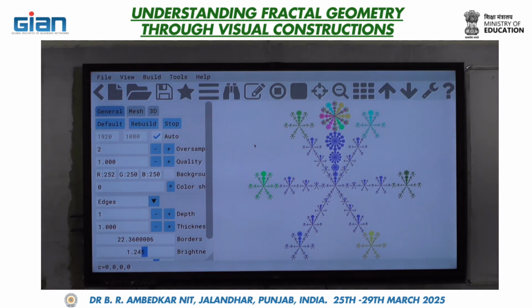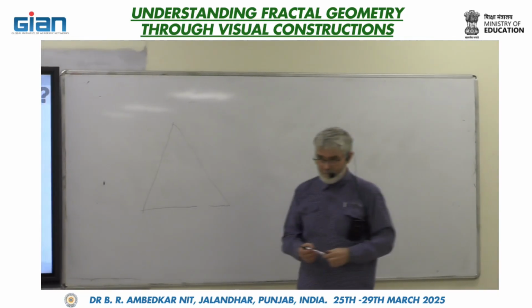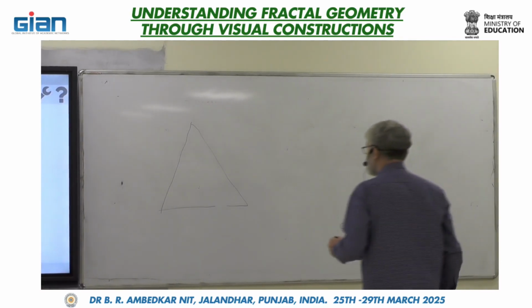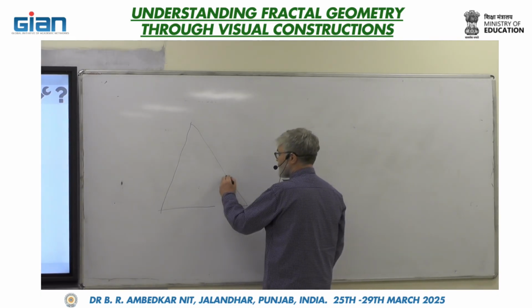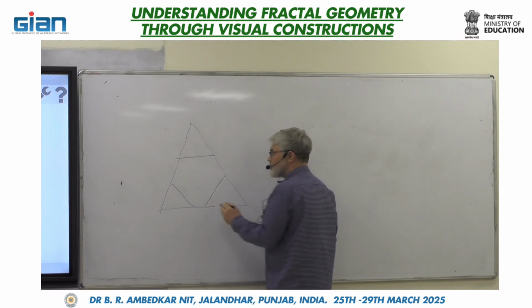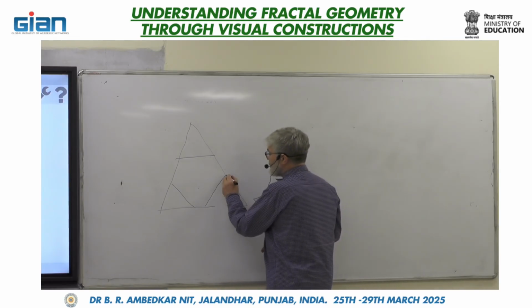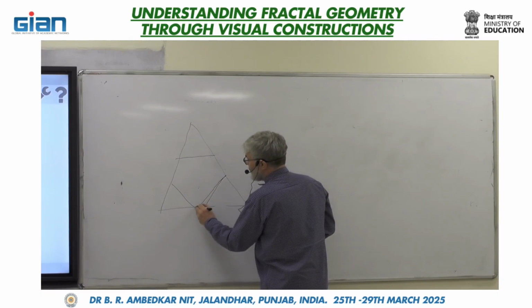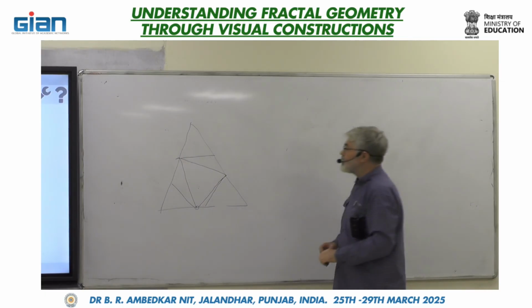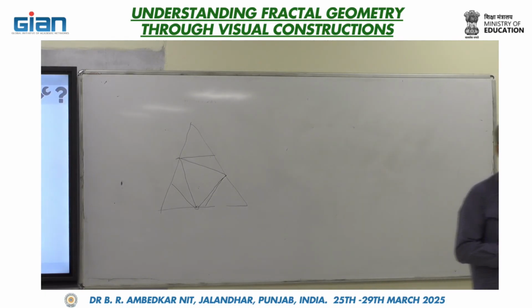So suppose you have a triangle, yes? If you have a triangle, you can draw some number of triangles inside it, yes, in such a way that any of them have one common point, and this point is a vertex.